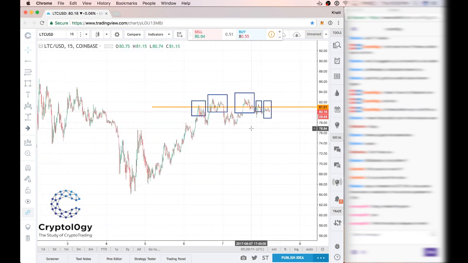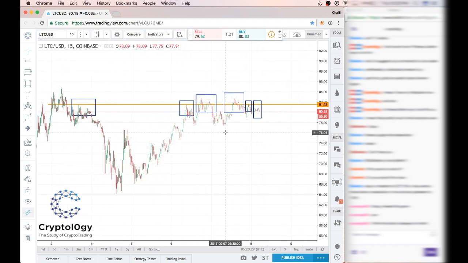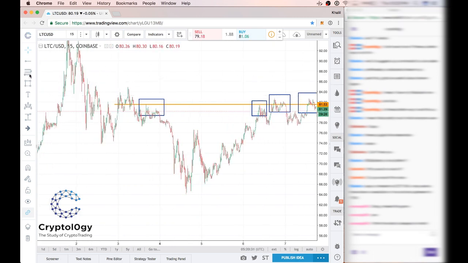They don't always have to be in a straight line either. Here's another one. These are all resistance points. They don't have to be in a straight line. They can be diagonal.